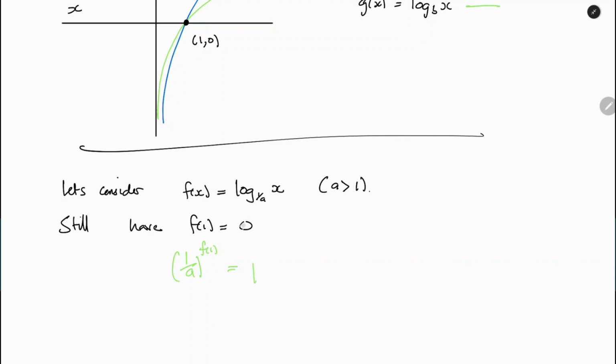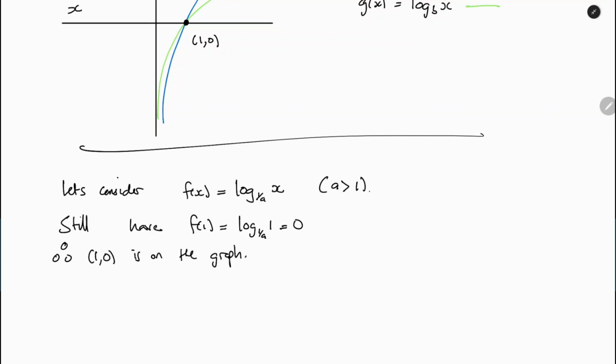That must equal 0, because here we have a positive number, even though it's a fraction. If we want to take it to the power of something to get to 1, we have to take it to the power of 0. So we still have f of 1 equal to 0. Therefore (1, 0) is on the graph, just as before.